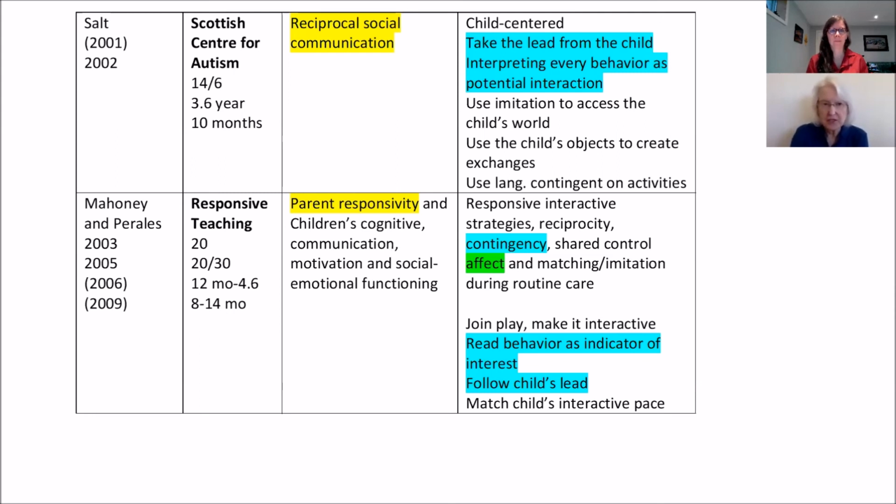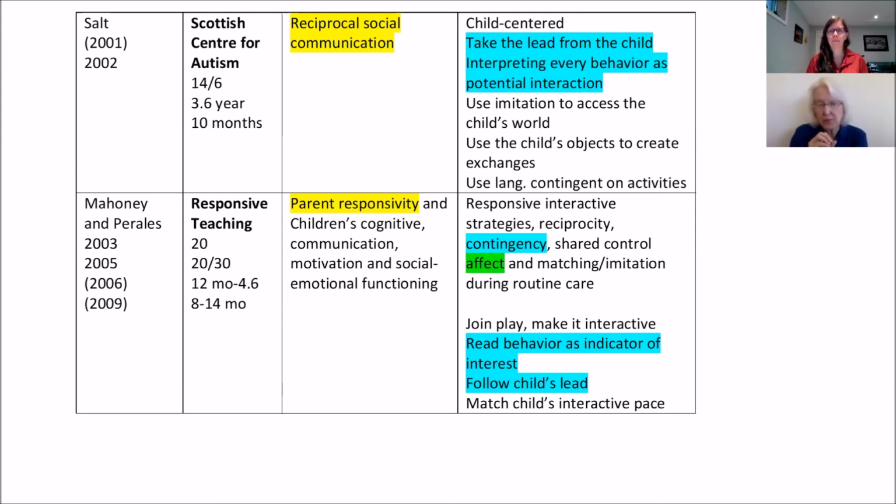And the next one, Gerald Mahoney and Frida Perales, and the numbers there, 2003, 2005, are the years of their research. I've also put 2 articles there in parentheses, and these are articles which really talk about the methodology and the thinking behind the approach.